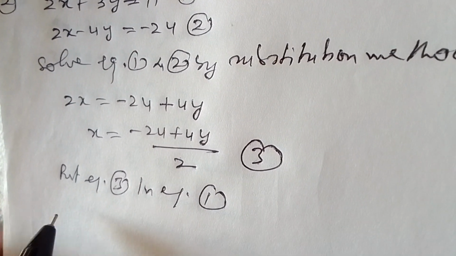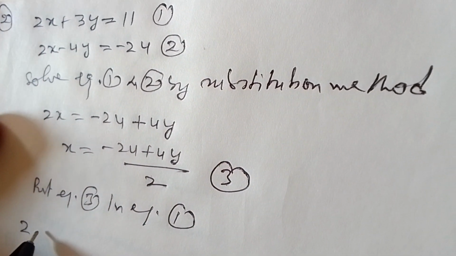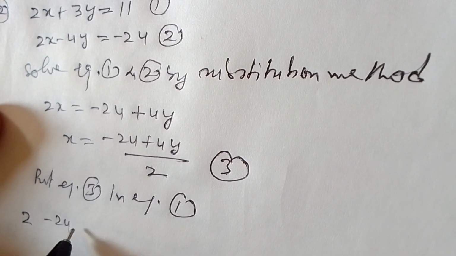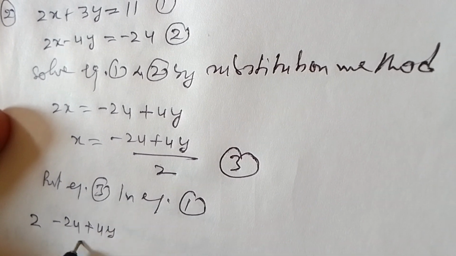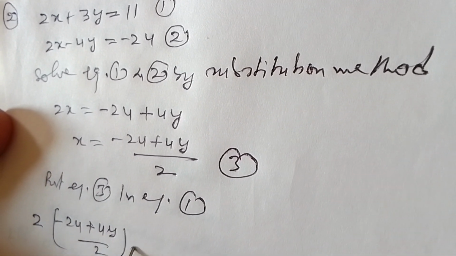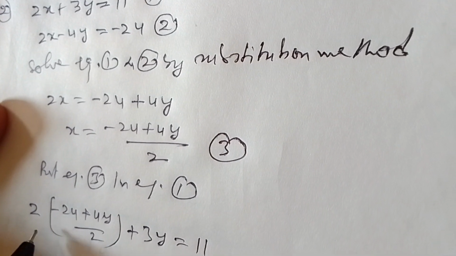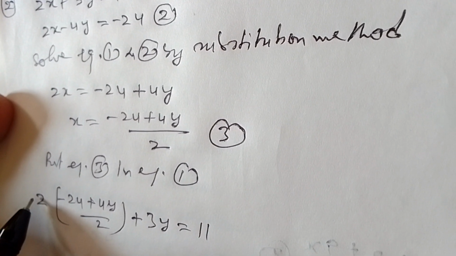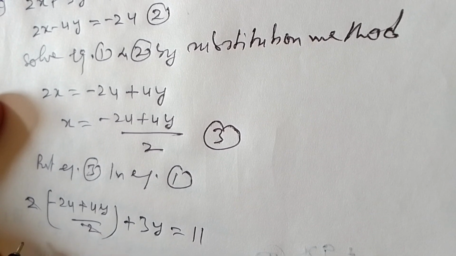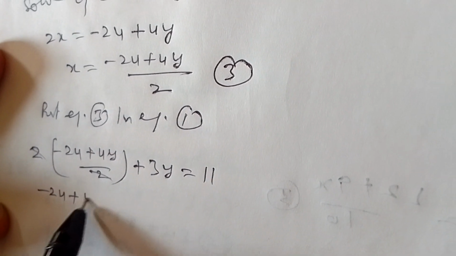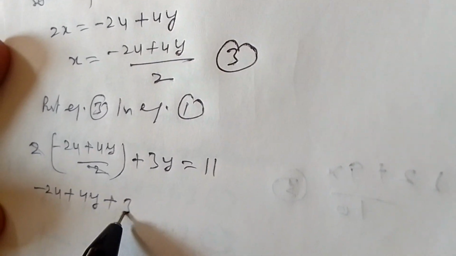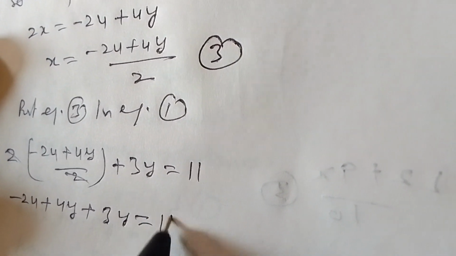We get 2 multiplied by (minus 24 plus 4y) divided by 2 plus 3y is equal to 11. So cancelling 2 with 2 it becomes minus 24 plus 4y plus 3y is equal to 11.